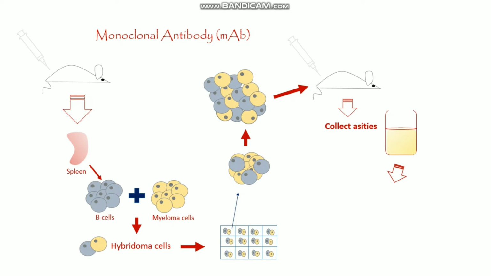These ascites contain a lot of antibodies, and then the ascites are purified by protein G beads or affinity chromatography. By this purification process, monoclonal antibody can be purified. So this is the entire hybridoma technology I just talked about very precisely.